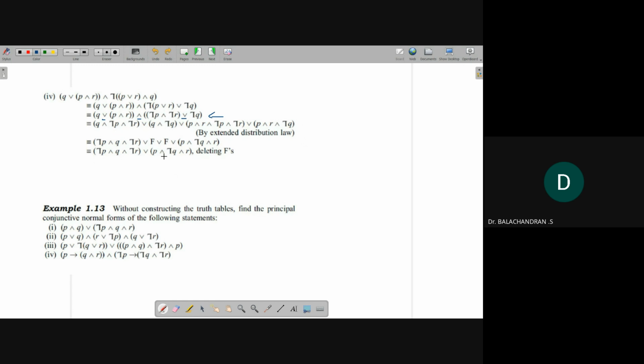So if you have any doubt in the previous problem, you can ask me. Otherwise, I will go to the last section. There are four more problems, and if possible, you can try these problems in a slightly different way.